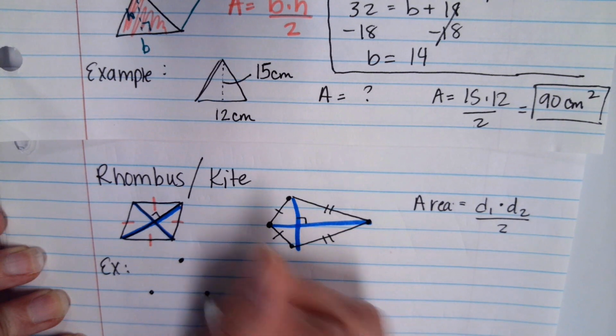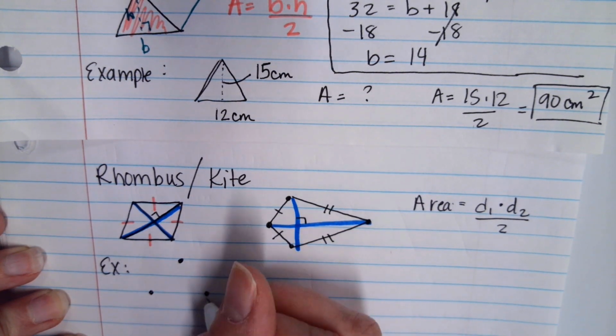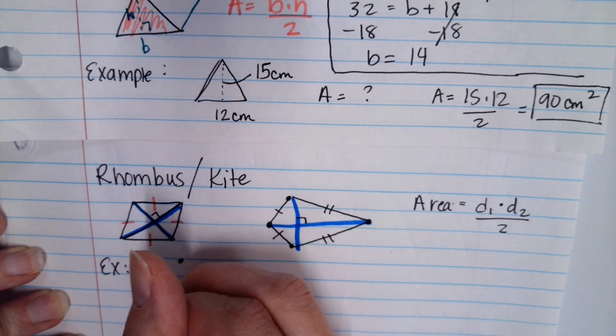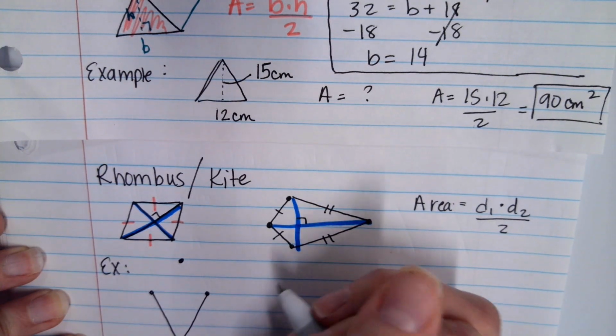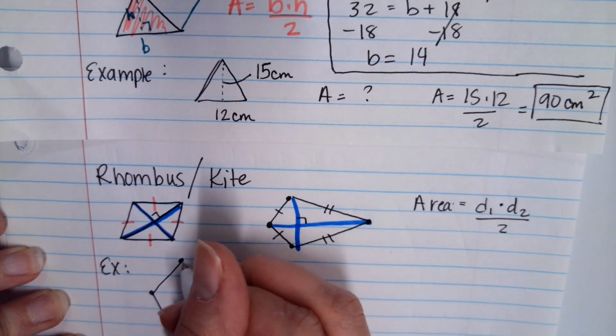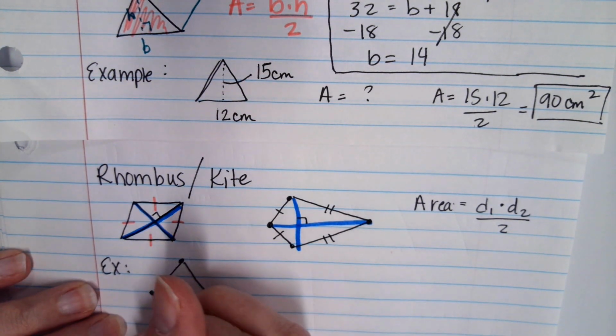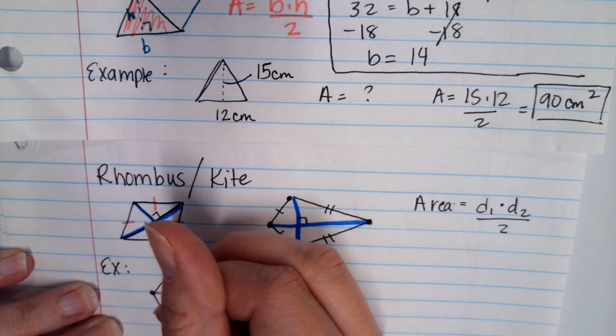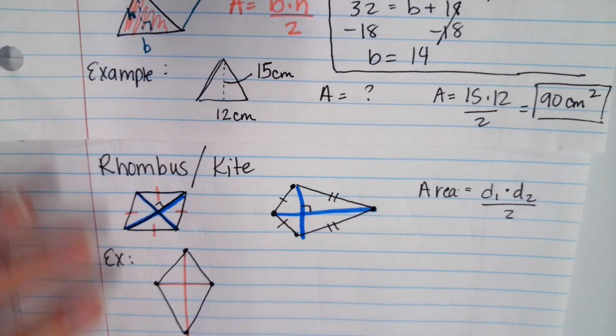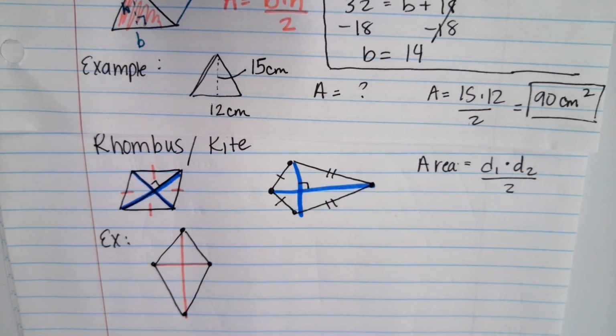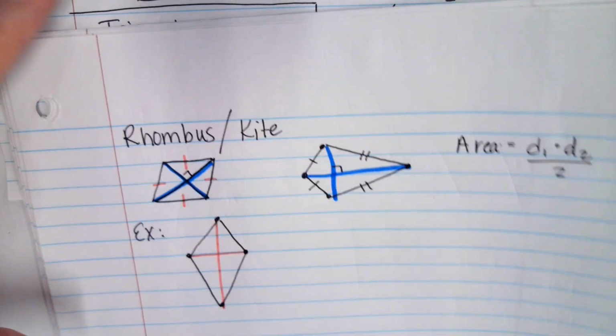For this one, I'm going to draw a kite as an example. My diagonals. There we got it.